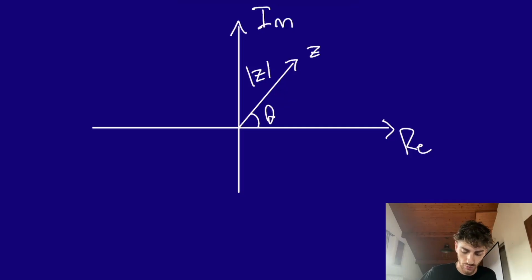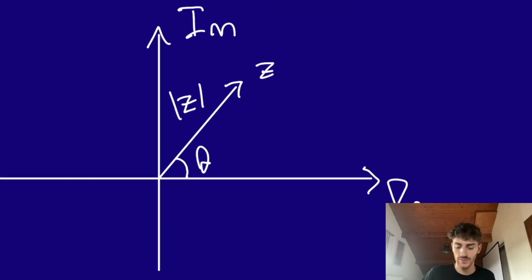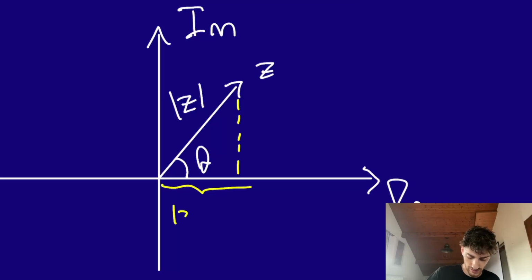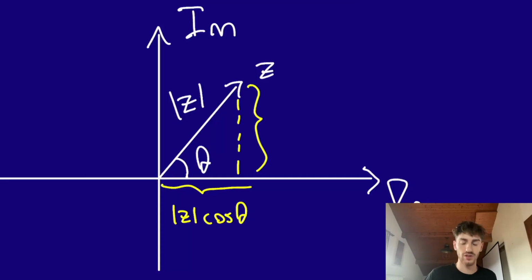So if we remember our trigonometry, the real part, which is the base of this right triangle, is equal to the magnitude of z times cos theta, okay? And then the height of the triangle, which is the imaginary part, the vertical component, is equal to the magnitude of z times sine theta.